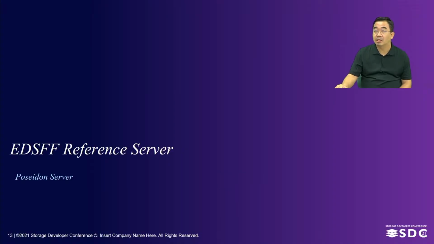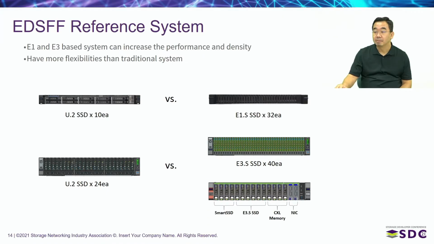Now let's talk about the EDSFF E1.S reference system, the Poseidon V1 server that we announced last year. If you compare the U.2 based system with the EDSFF based system, the benefits of EDSFF are very clear. When you optimize an E1.S system, you can increase the density dramatically.